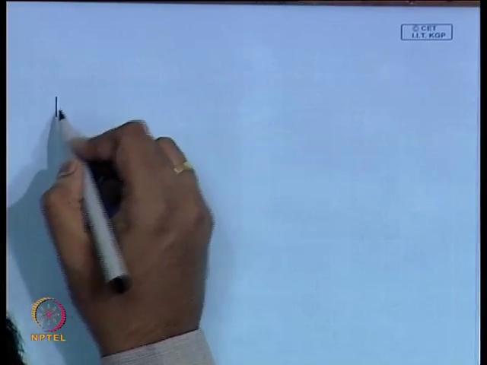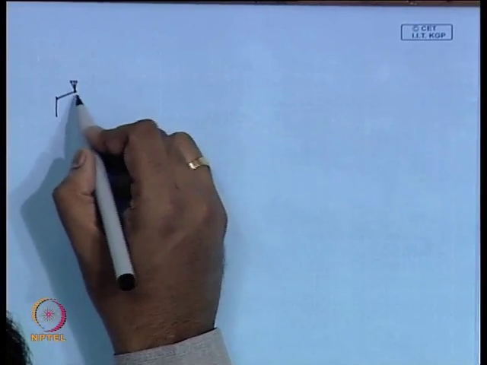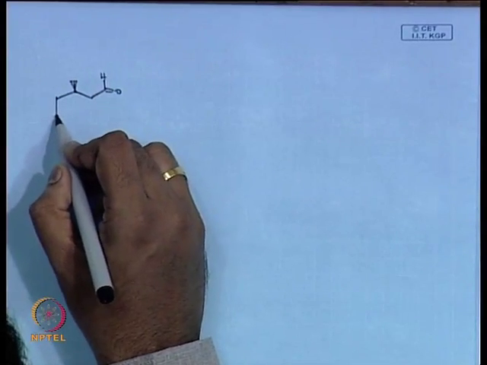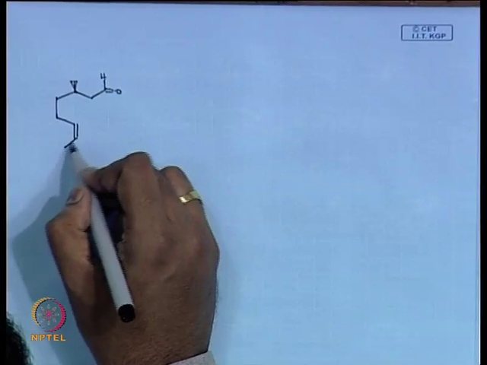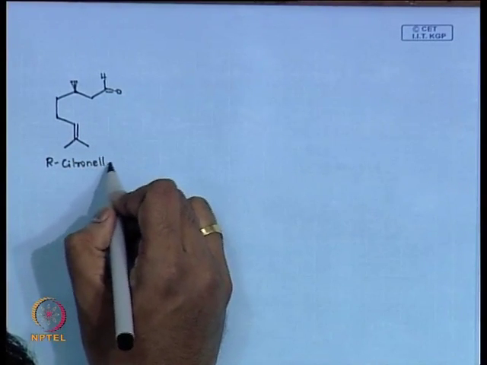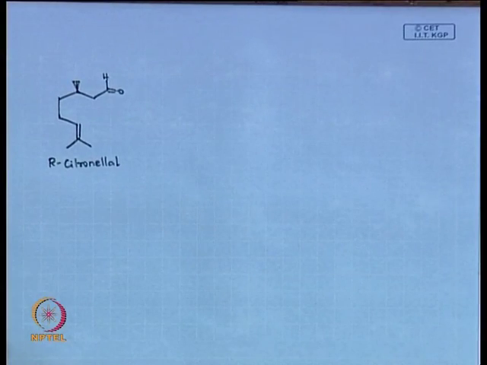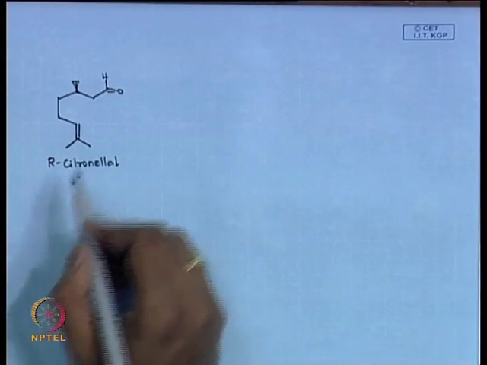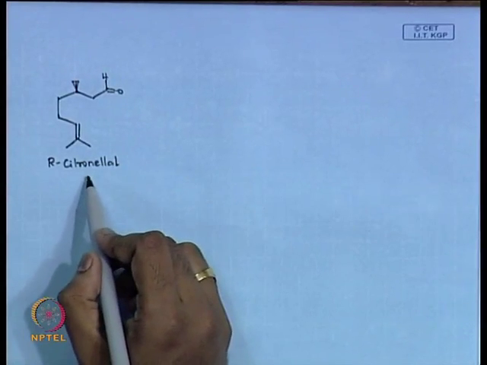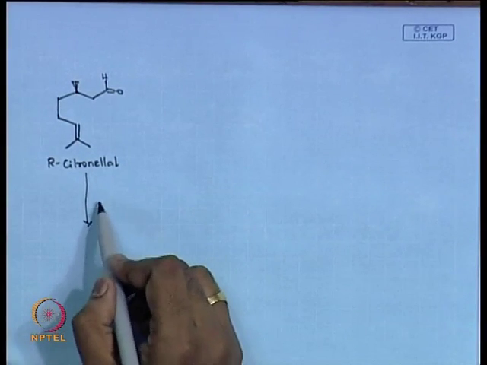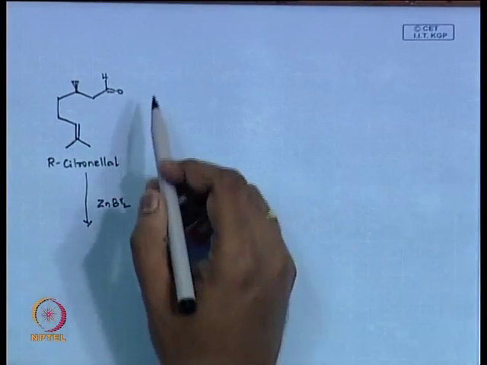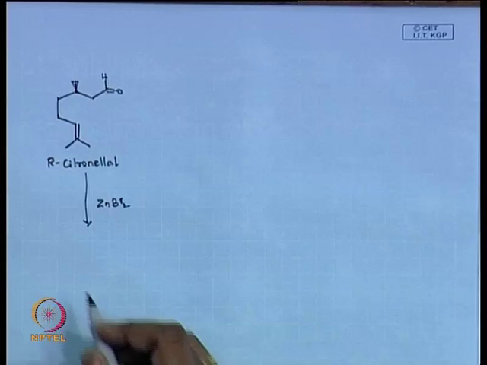So, if I take this product, citronellal, and treat it with zinc bromide, what will happen? You know it complexes with your keto oxygen, right?